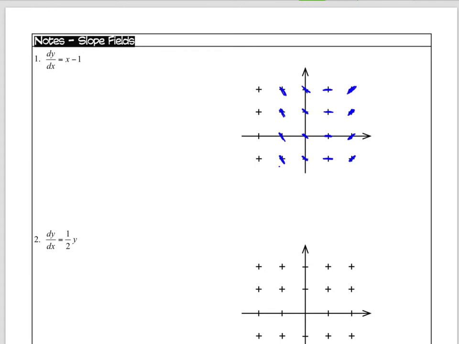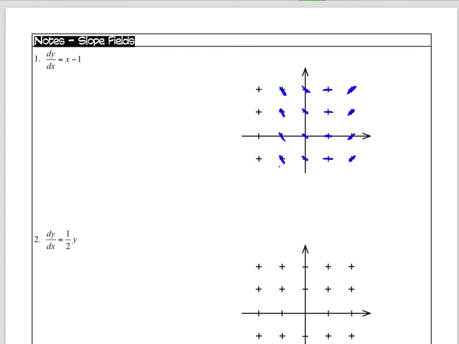But what has to be true, when you don't have to be extremely accurate, about a negative 1 slope and a negative 2 slope? Negative 2 has to be steeper, so you've got to make sure you make a negative 2 slope steeper than a negative 1 slope. Okay, and then for the last one, what x value am I plugging in? Negative 2, which gives me a slope of negative 3.